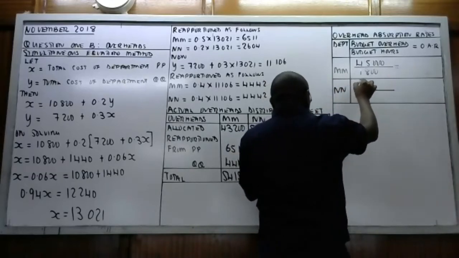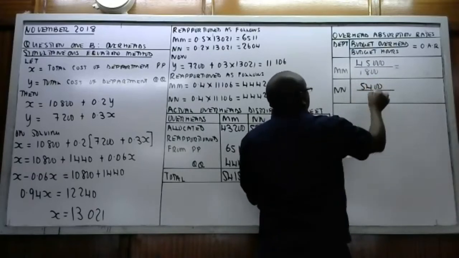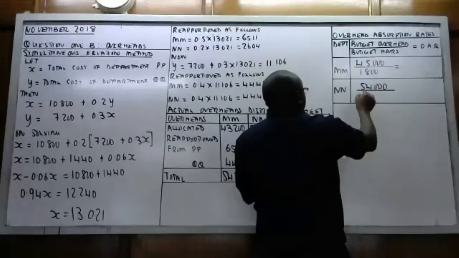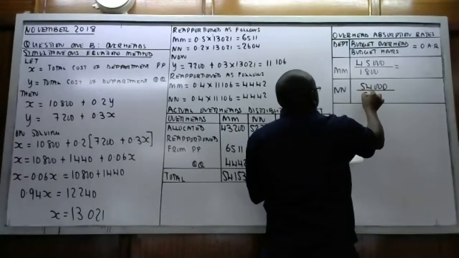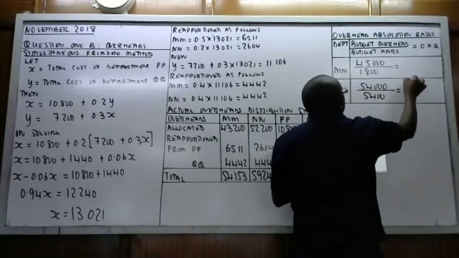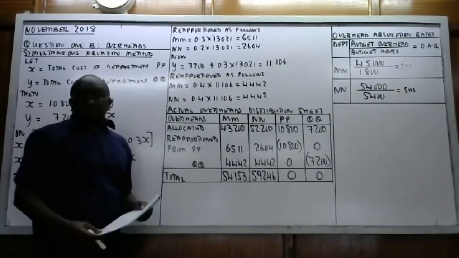NN, the budget overheads were 54,000 and the hours were 5,400. So this is shillings how much?